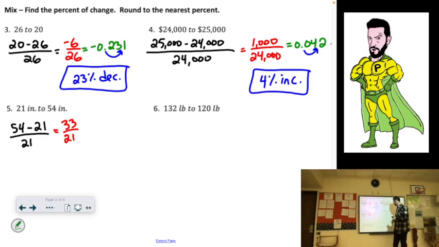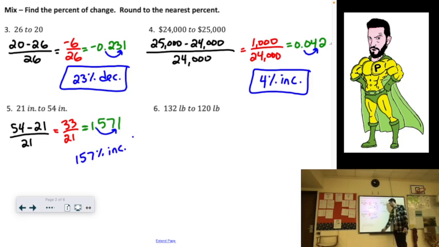Is that going to show up? Let's try that again. Oh, there we go. 1.571. It's positive, so that means a percent increase, and that would be 157% increase.